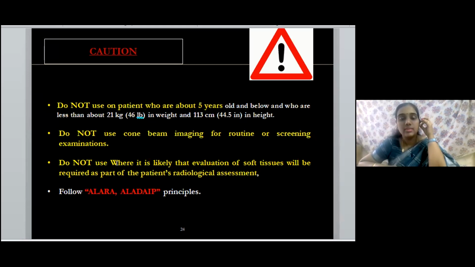As low as diagnostically applicable means that if you feel that the image is going to improve your diagnosis and serve the patient. It is indication oriented, depends on what indication you're sending, and patient specific. It is not applied for all the patients. Of course, you have to select your patient. So these are some of the cautions we have to follow while prescribing a CBCT for the patient.